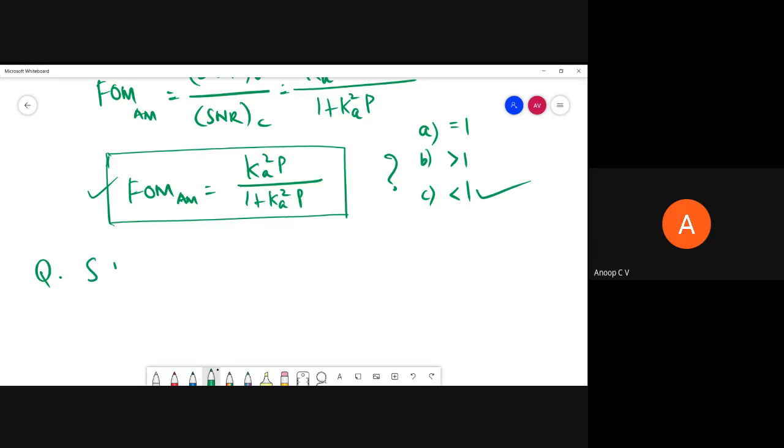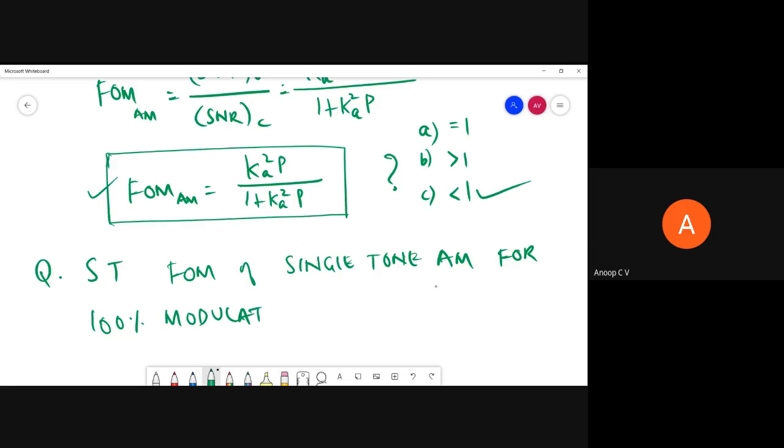Show that the figure of merit of single tone AM for 100% modulation is 1/3, right? So this is what you have to show.